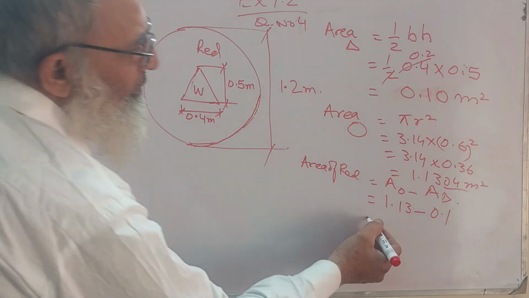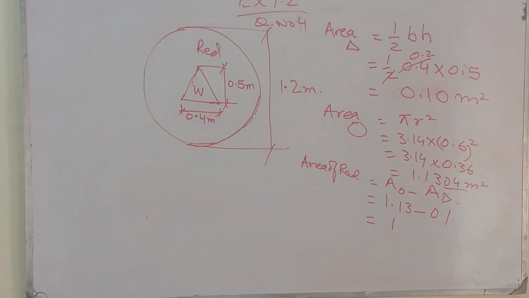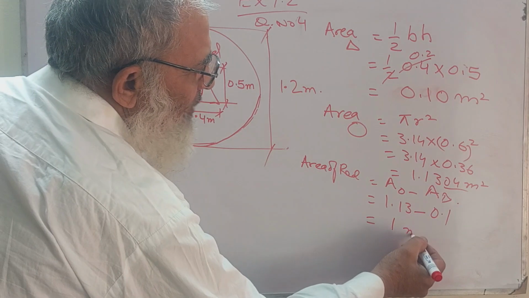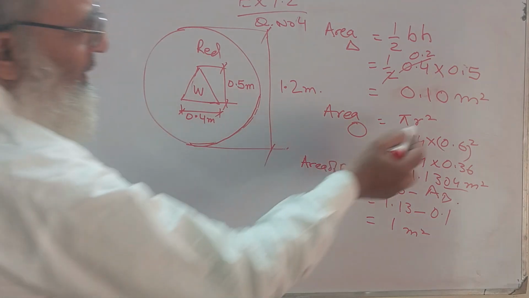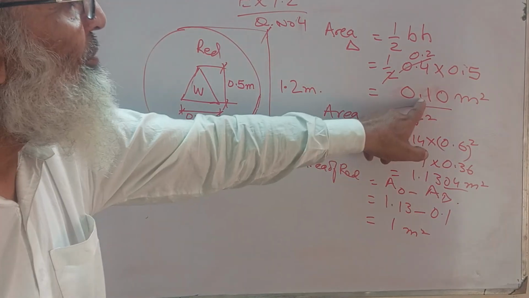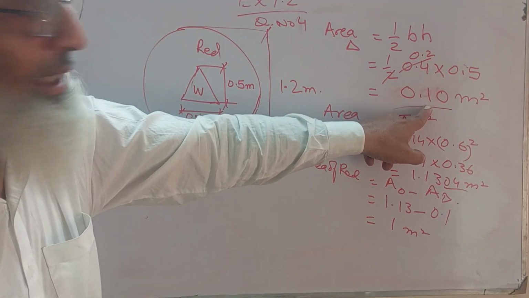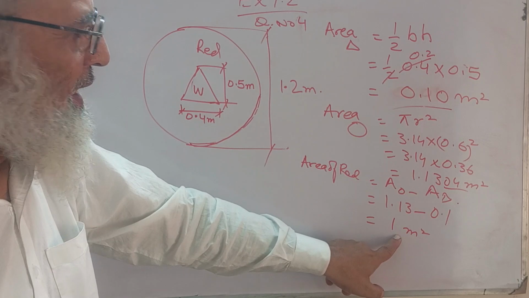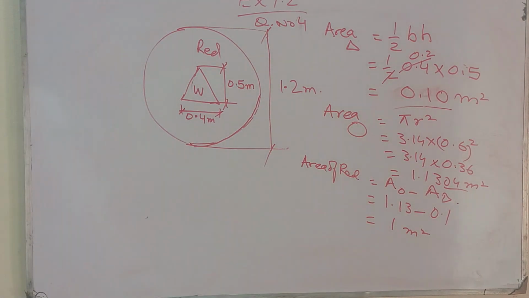Now it will become 1 only. Now the red area is 1 meter square and the white area is 0.1 meter square. The area which has to be painted white is 0.1 meter square. The area which has to be painted red is 1 meter square.